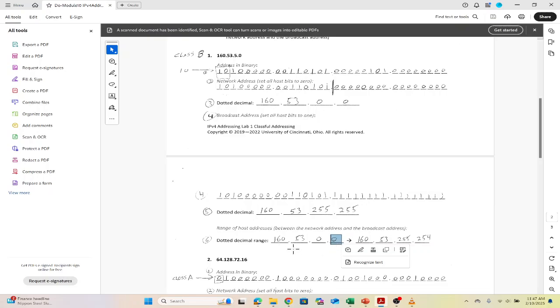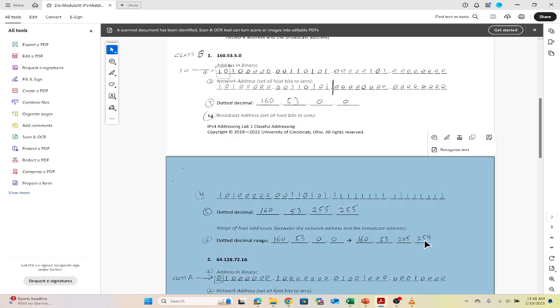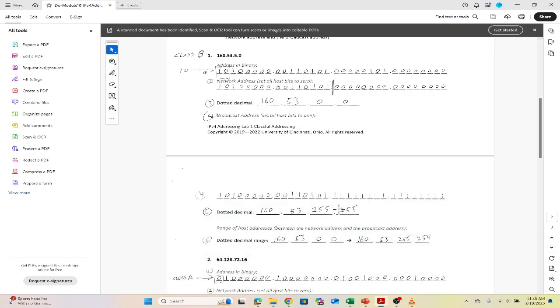So it should be 160.53.0.1, the first address in the range that you can actually use. And then the end of the range is the broadcast address minus 1. So that's why it's 254 in the range, and 255 is part of the broadcast address. And that would be the range.